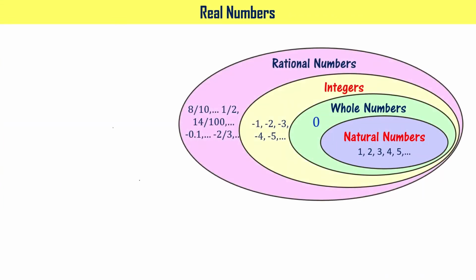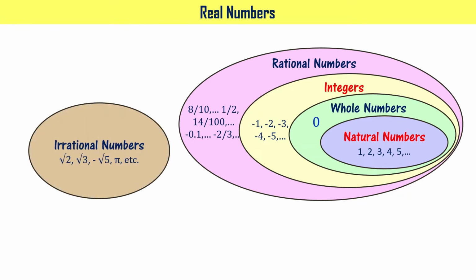Irrational numbers are represented using Q prime or S. Okay. Now we have seen that rational numbers are a collection of numbers which can be expressed as a ratio of two integers, right? And we have learned about irrational numbers such as root 2, root 3, pi, etc. These are irrational numbers because they cannot be expressed as a ratio of two integers.